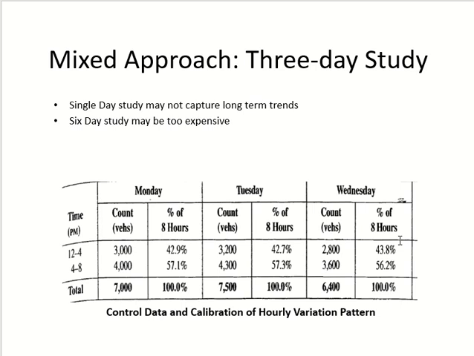Clear up till now? In one day, my observation time is from 12 to 8 hours. Look at this table. Do you see the values from 12 to 8? 12 to 4 and 4 to 8, right? All 8 hours covered.